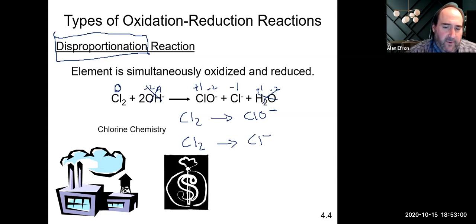In the first one, our chlorine is going from 0 to +1, so this one is our oxidation half reaction. And this one is going from 0 to -1, so this is our reduction reaction that's taking place.